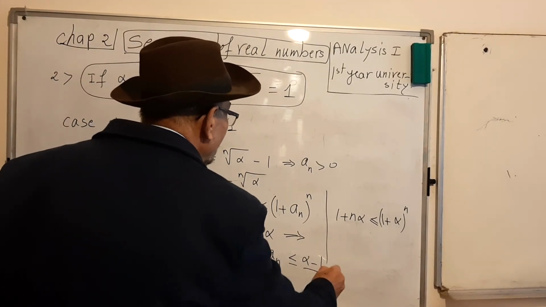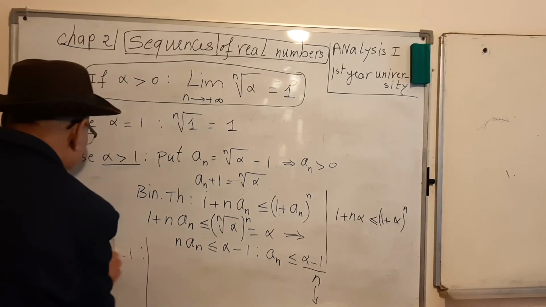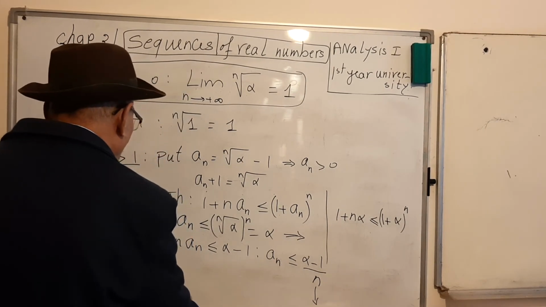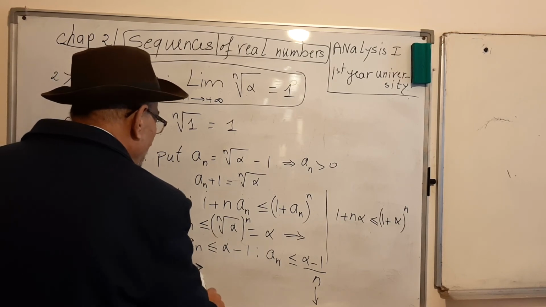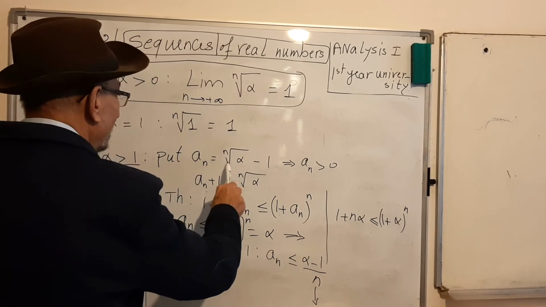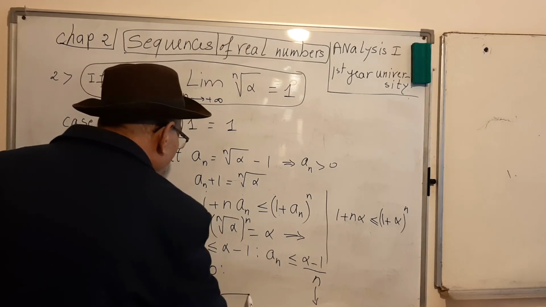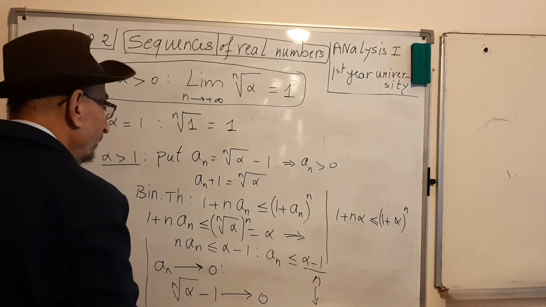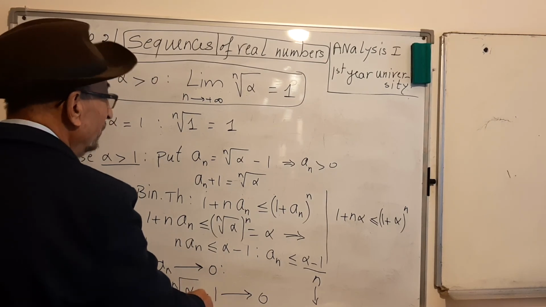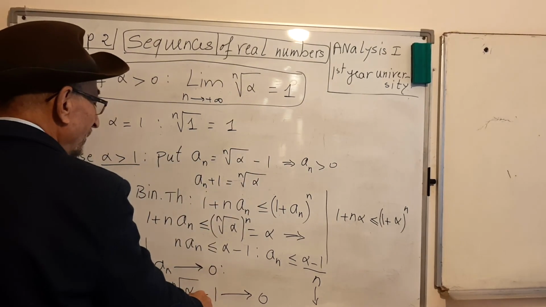So an tends to 0, but an is radical n of alpha minus 1, which tends to 0, and finally radical n of alpha tends to 1. Radical n of alpha tends to 1.